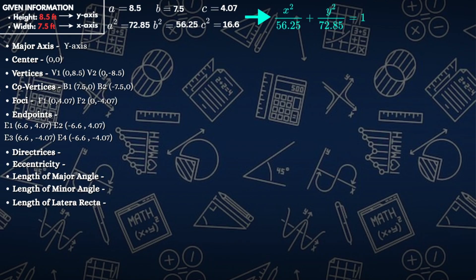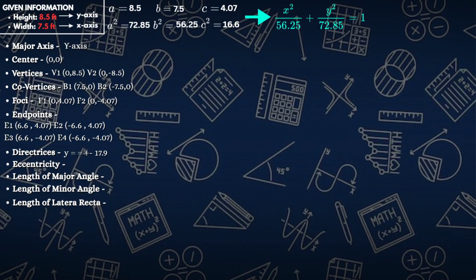Therefore, our directrices is located at 0 and 17.9. That is the coordinates for the y-axis. I've just written positive and negative 17.9 here as a shortcut. But for the coordinates, that would be 0 and positive 17.9, and 0 and negative 17.9.